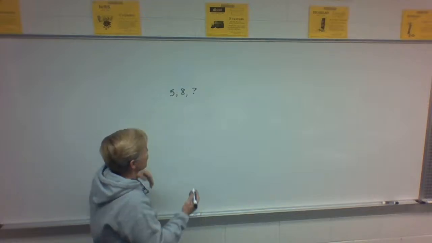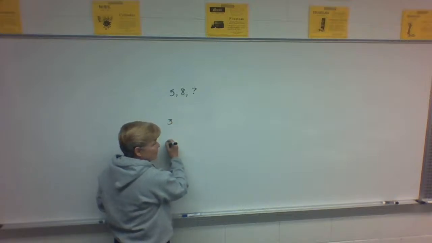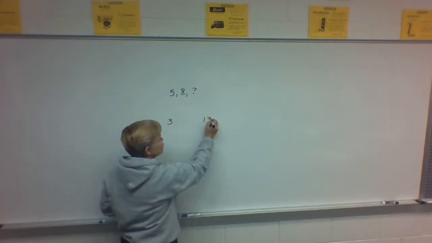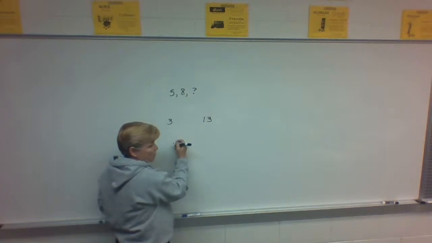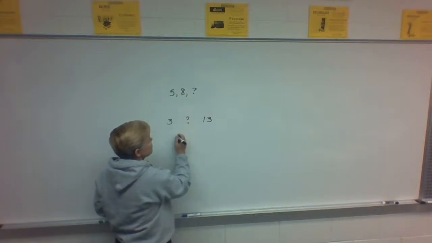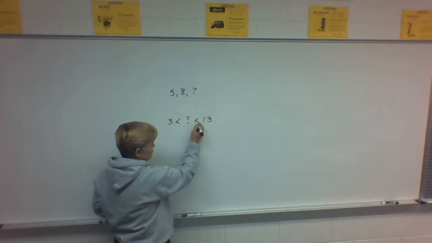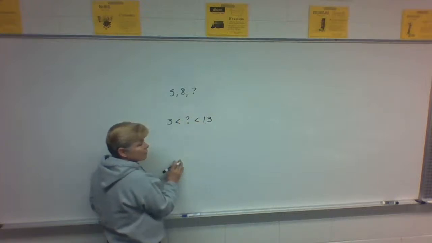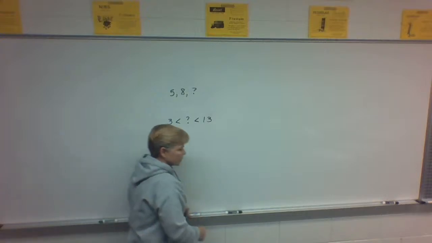So it appears that the boundaries on this are 3 and 13. We can't be either one of those, but as long as we're a little more than this or a little less than this, it should work. So that question mark side, as long as it's more than 3, but also less than 13, it ought to work, shouldn't it?